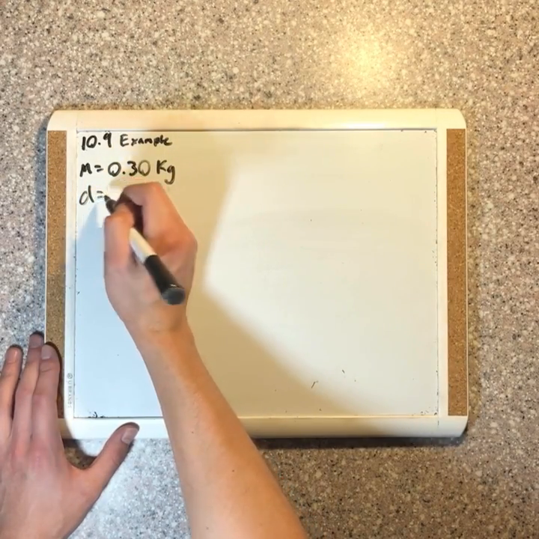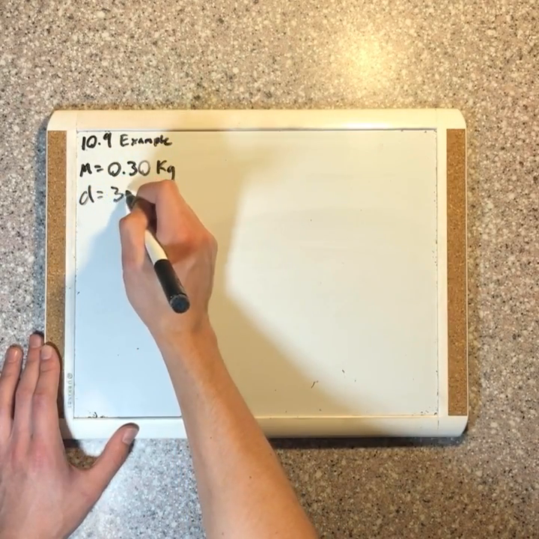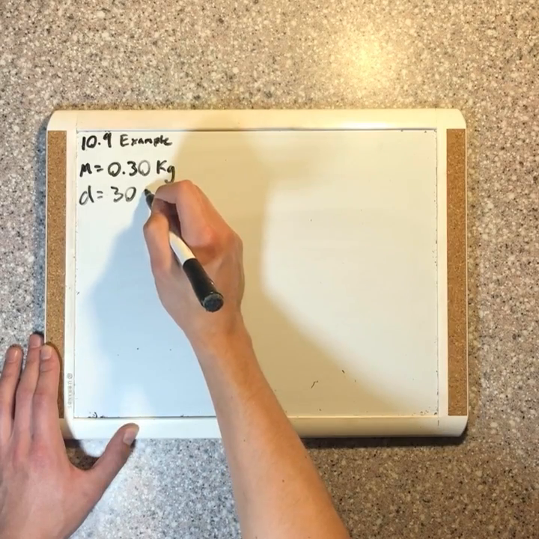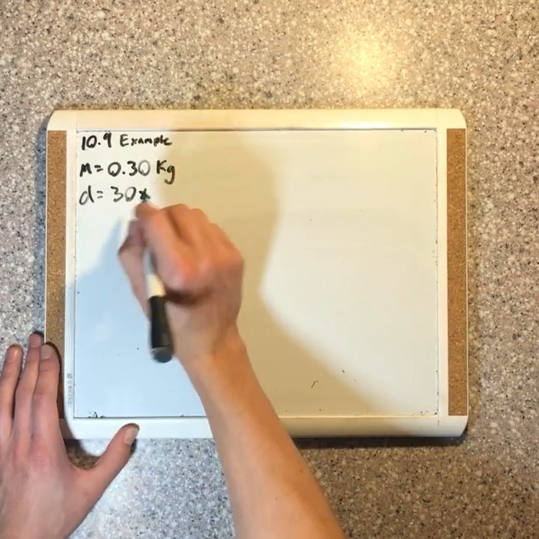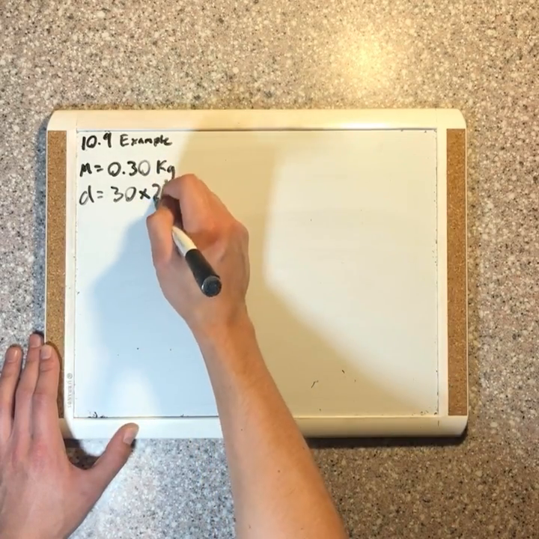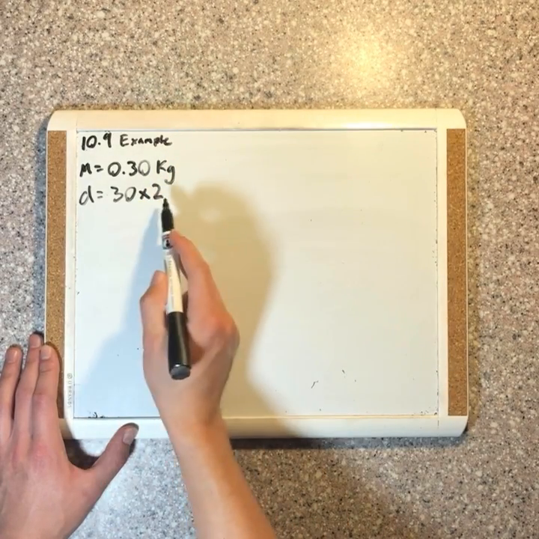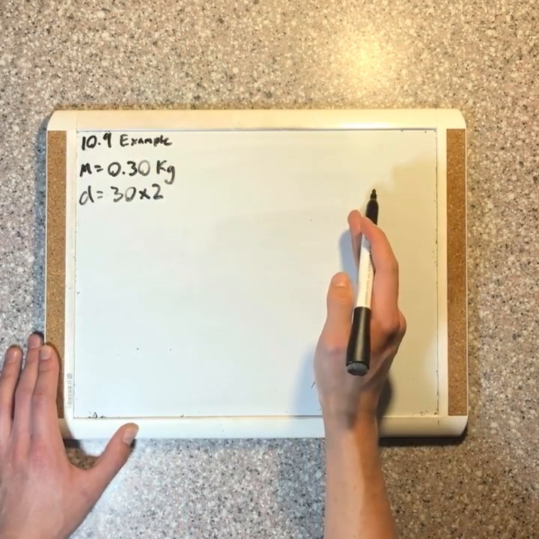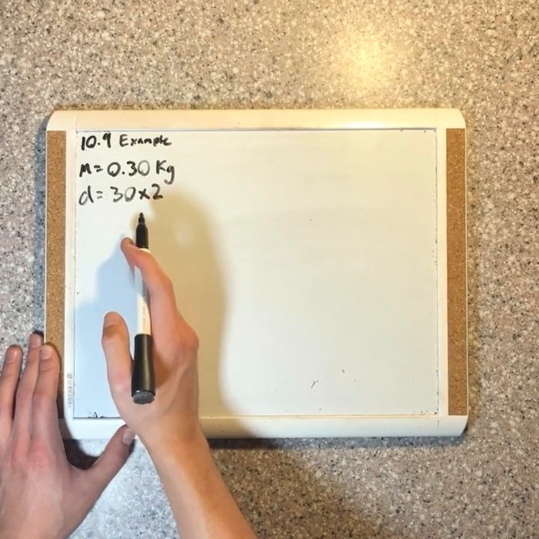So this is going to be for distance. It's 30 times in each direction, so that's 30 times 2. Whatever the displacement is, it's moving over 1 and then back 2.